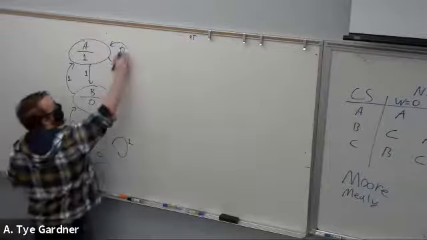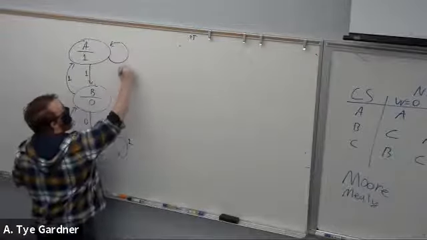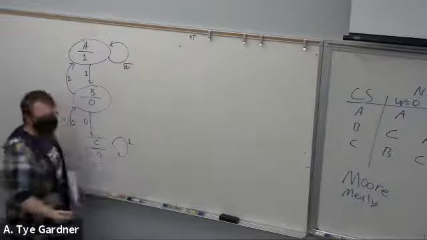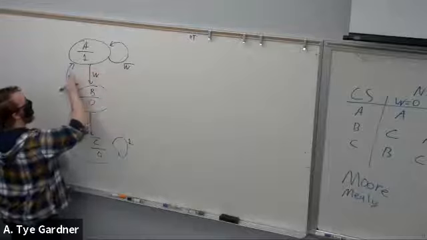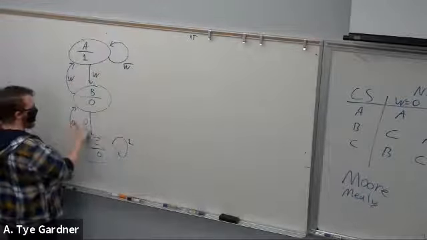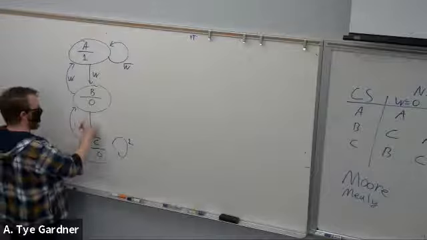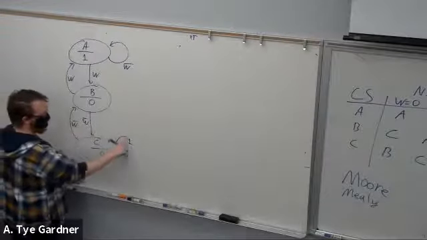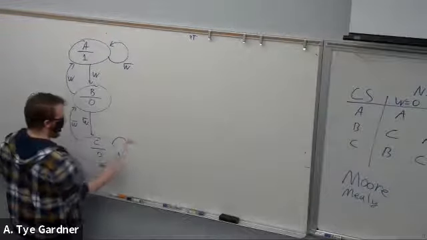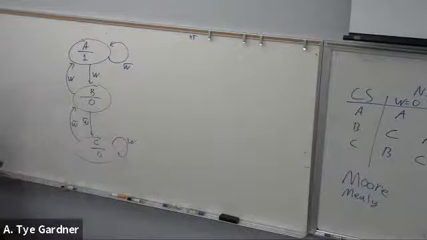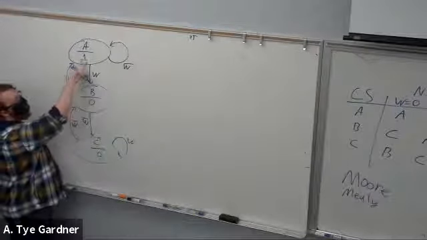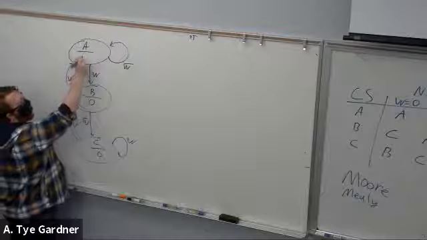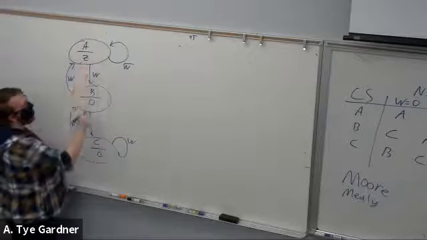So instead of saying 0, I can say not W. And then for the output, I would say the output is Z, I said.